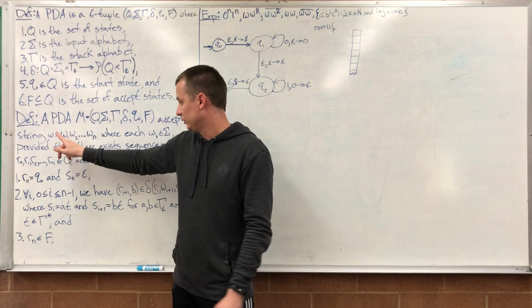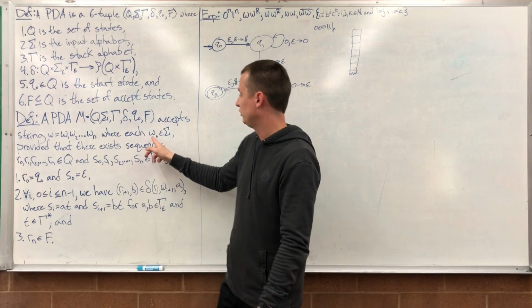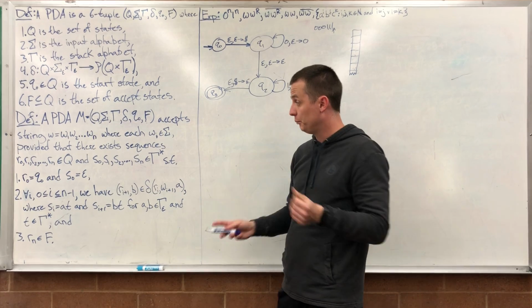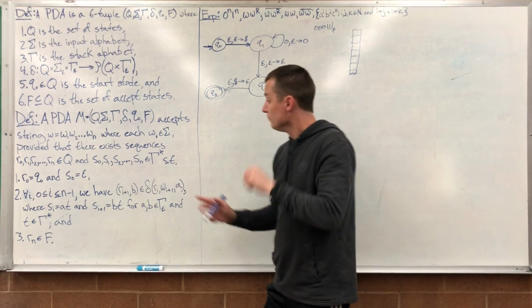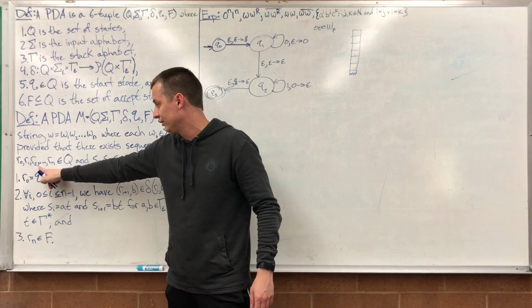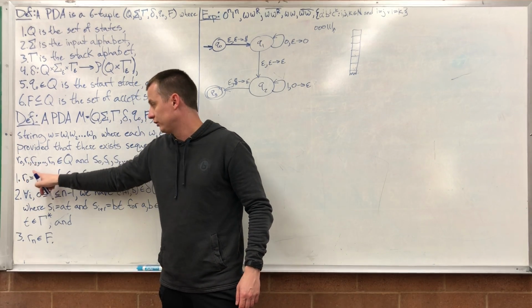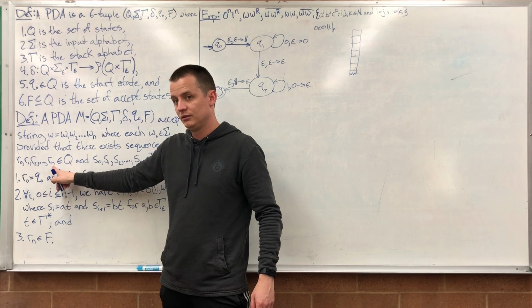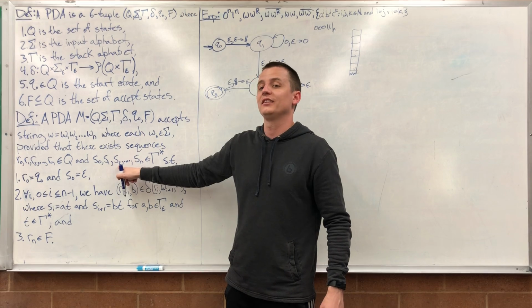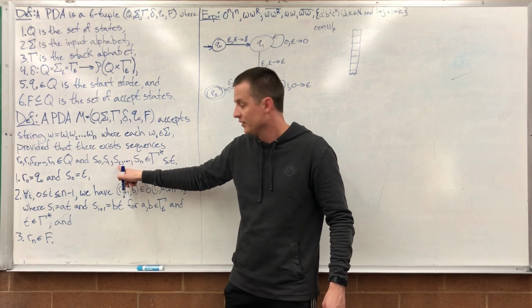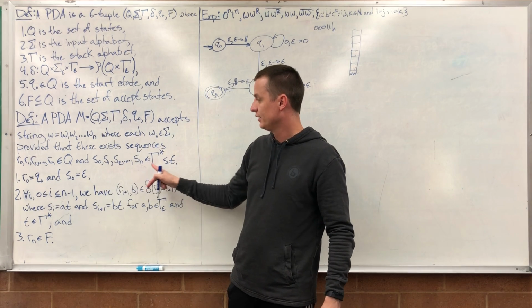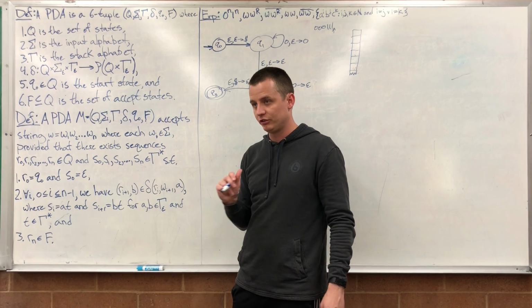So where W is equal to W1, W2, all the way to Wn, where each of those Wi's are in our input alphabet, provided that there exist sequences of states, R0, R1, R2, all the way to Rn, and a sequence of, this is the state of the stack. So a sequence of states and states of the stack such that these three conditions are met.